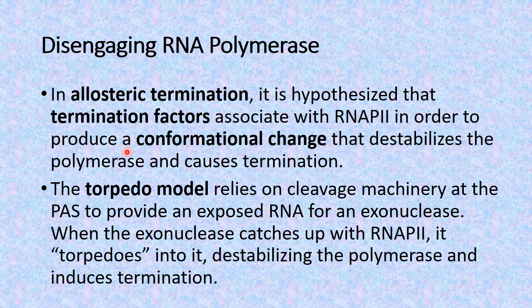And once these termination factors get associated with the RNA polymerase second after it passes the poly A site or the cleavage site, they induce some conformational change in the structure of the RNA polymerase, and that destabilizes this enzyme and it separates or disengages from the DNA double helix.